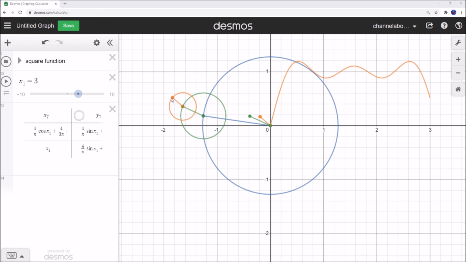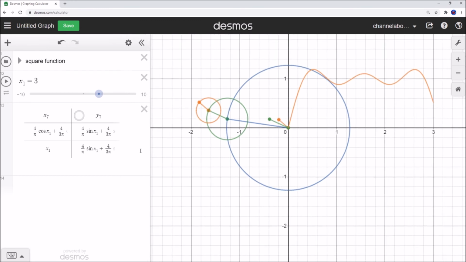Now we know this point here is going to be the x coordinate of the blue line, the x coordinate of the green, and then the x distance here of this orange. And again, for the y height, it's going to be the y height here of the blue, the y of the green, and y of the orange. Now I've already put the table down here, and I've made it a little bit larger so it's a bit easier for you to see.